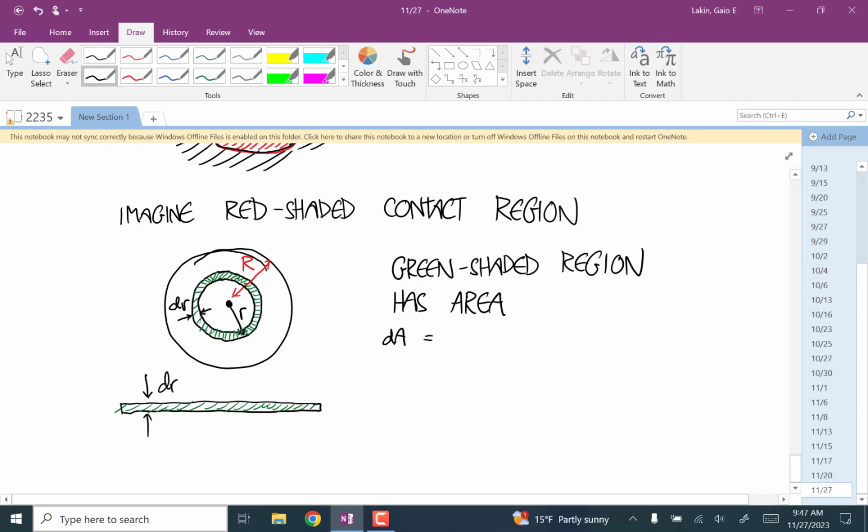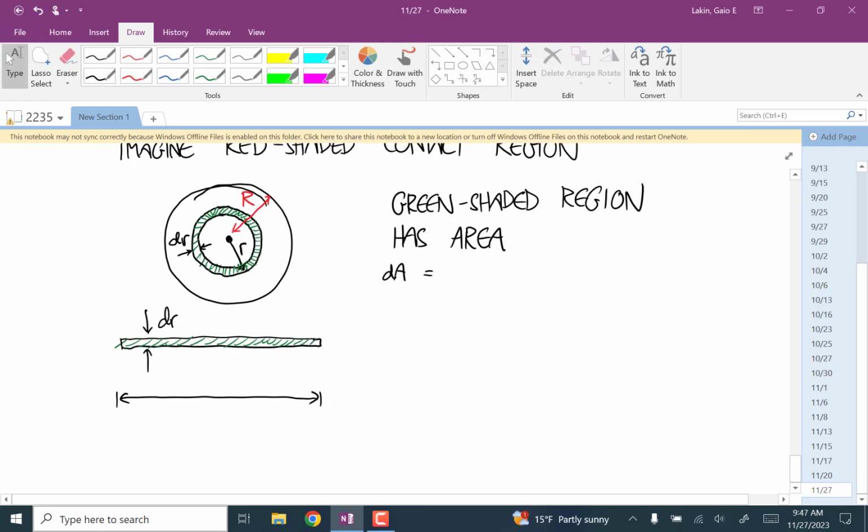The thickness is dr. What's the length of that rectangle? It's the circumference of the circle. So that's 2 pi r. Okay, and so the area of this thing is 2 pi r dr.